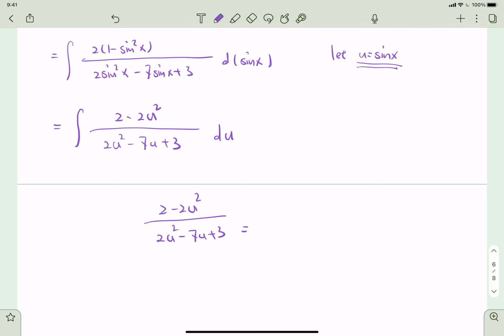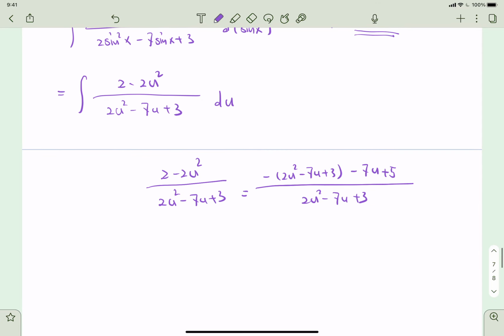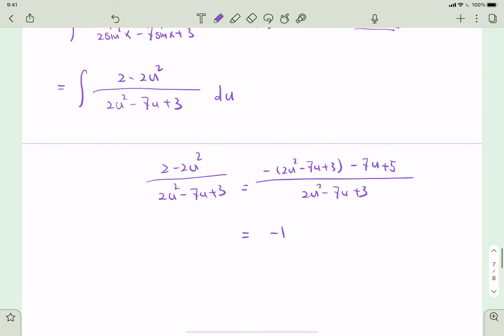It can be written as negative 1 times 2u squared minus 7u plus 3, and then minus 7u plus 5. This treatment helps us reduce the power, so it can be written as this fraction.